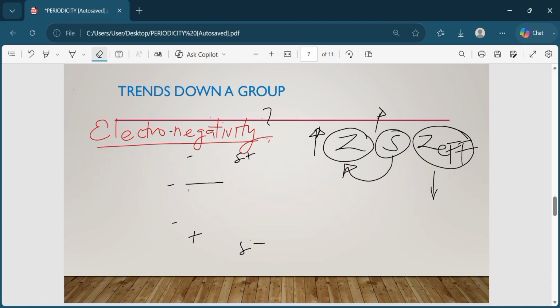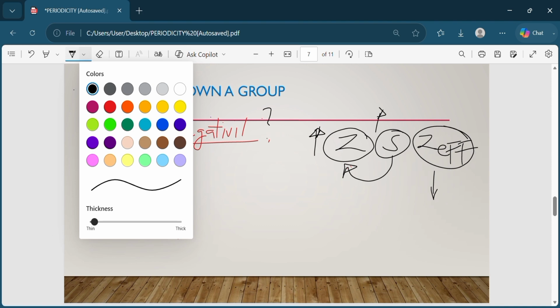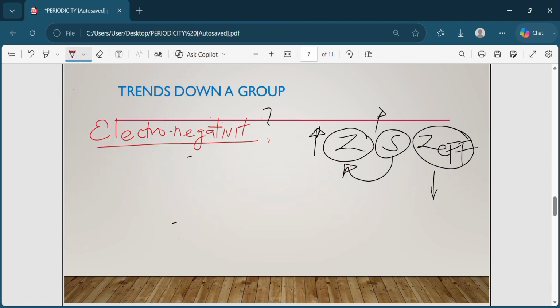Having understood what electronegativity is, let's now dive in and see to it that we can harmonize this work as far as electronegativity is concerned, using our simple explanations that we have always been having there.